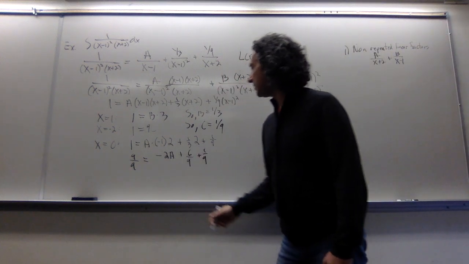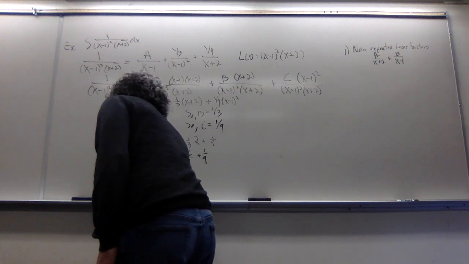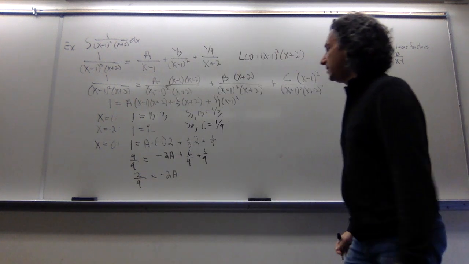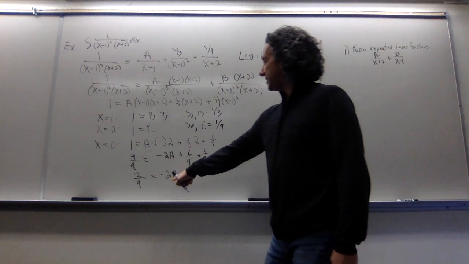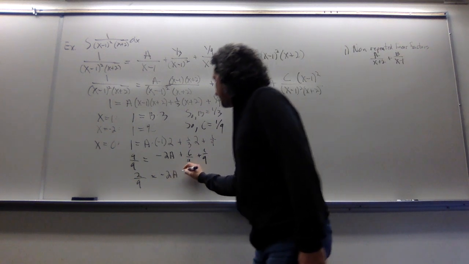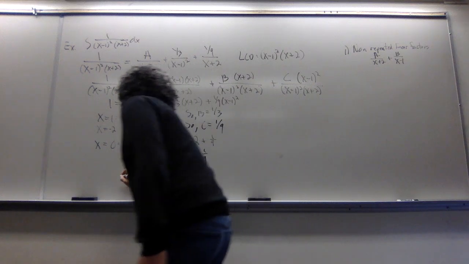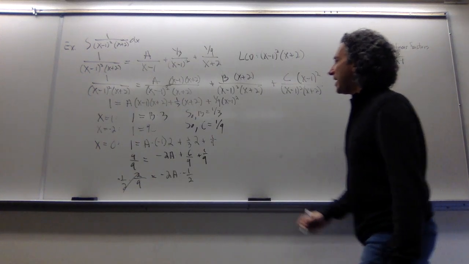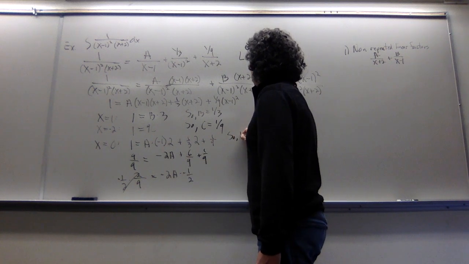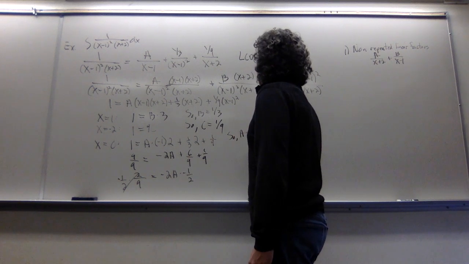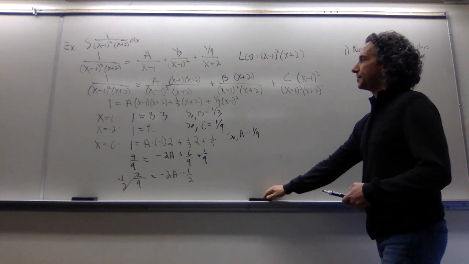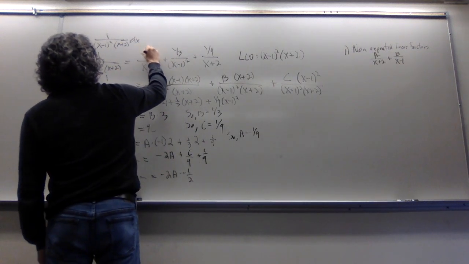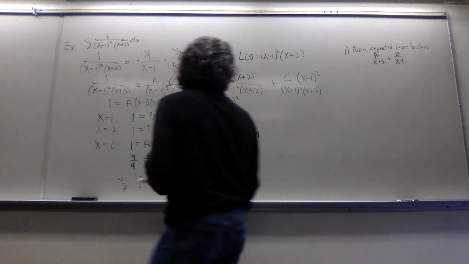We have 9/9 here. So I guess I just have 2/9 is equal to minus 2a. And then I can multiply both sides by negative 1/2. And I'm left with a equals minus 1/9. This guy is minus 1/9 up here.